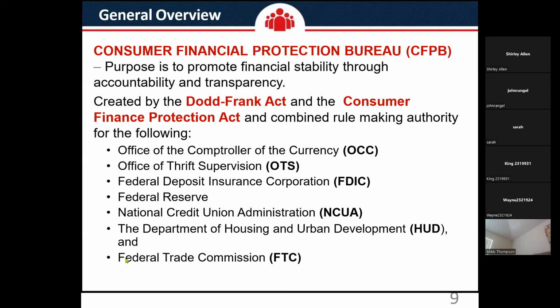What I'm really saying is that prior to the mortgage meltdown in 2008, these were entities that were involved in the mortgage business: the OCC, the OTS, the Federal Deposit Insurance Corporation, the Federal Reserve, National Credit Union, the Department of Housing and Urban Development, HUD, and the Federal Trade Commission. All of them had their hands in the mortgage business when it crashed. But when the CFPB came in, they took away all of the authority from all of these entities that no longer have a hand in the mortgage industry.